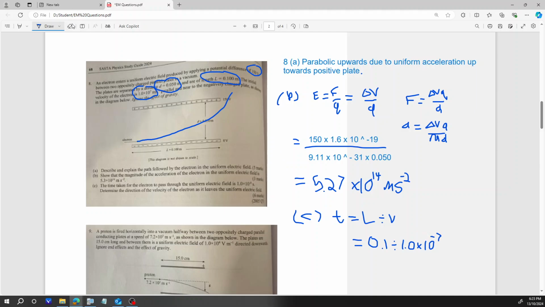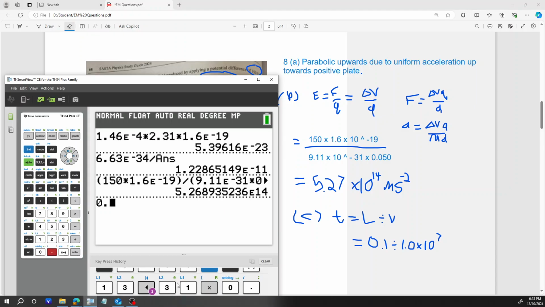Is that slow? Positive, that's very slow. It's actually very fast. So I think that'll be 10 to the minus 8. Double check on the calculator. Bit rusty, coming off holiday mode.